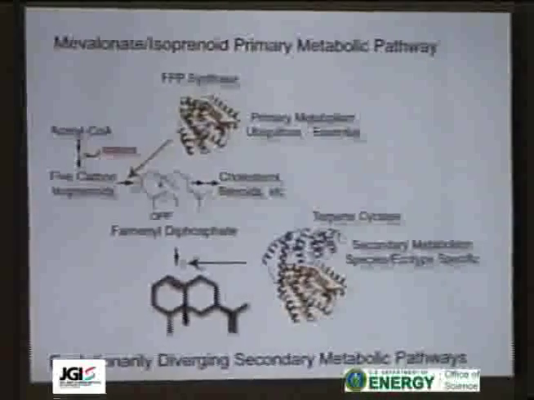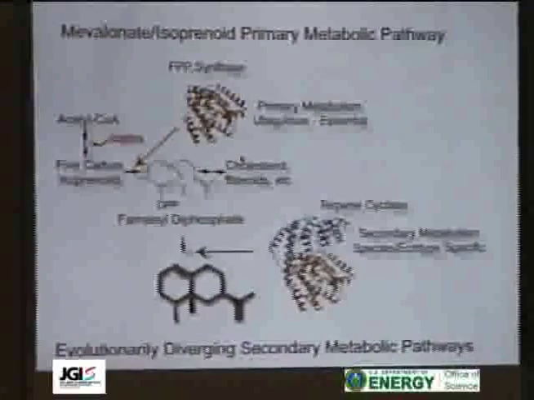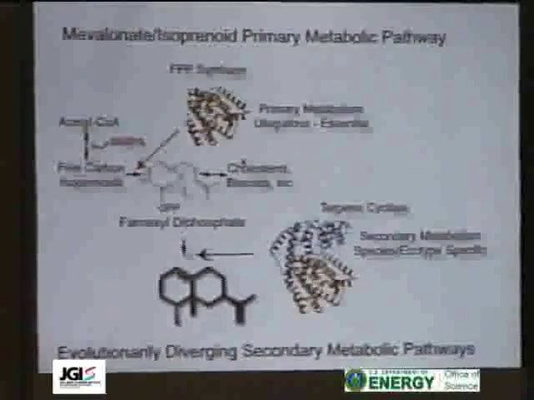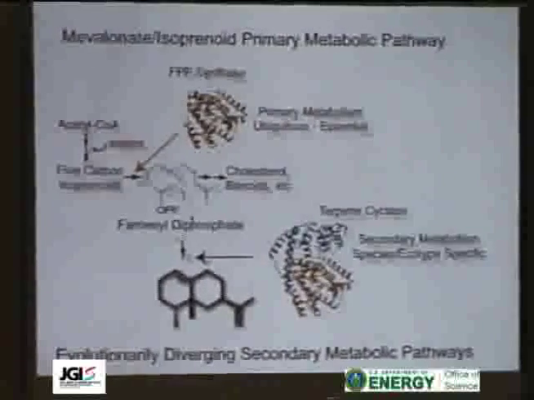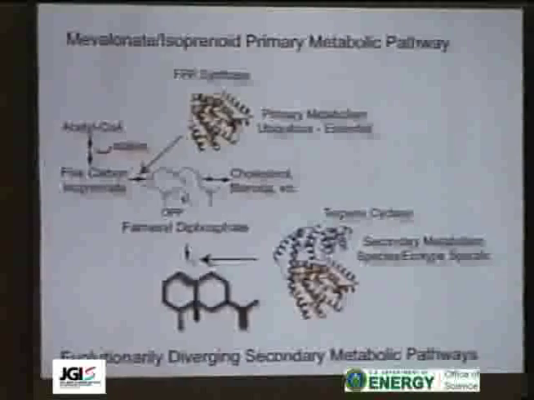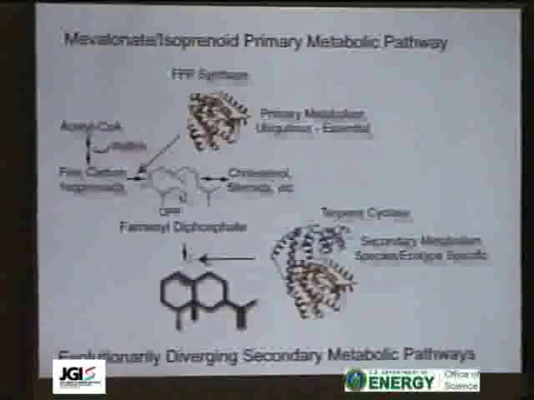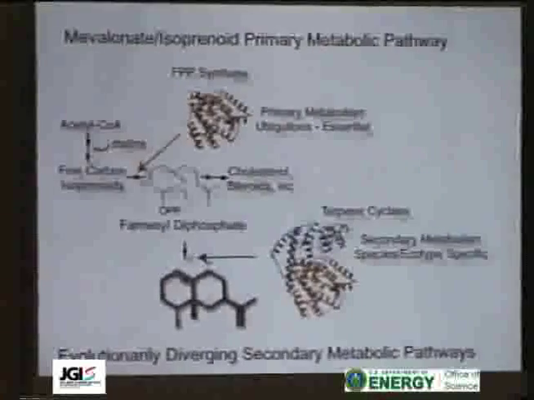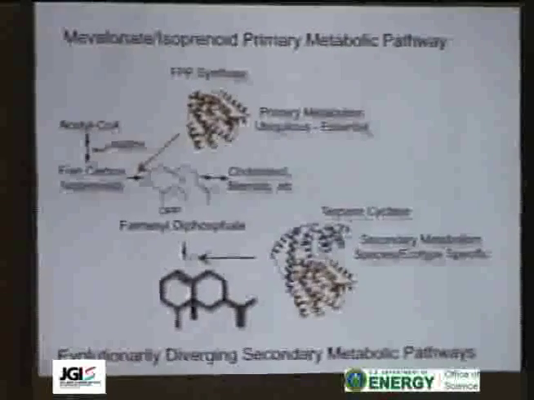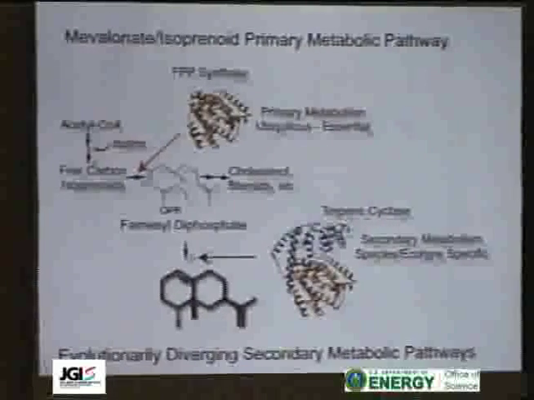It serves as the intersection of a primary metabolic pathway to make a number of essential compounds in all species, as well as in plants, fungi, and bacteria, but mainly in plants. This molecule also can serve as a substrate for downstream specialized metabolic pathways to make molecules like this. The molecule artemisinin is derived from a molecule of this pathway through so-called secondary metabolism.